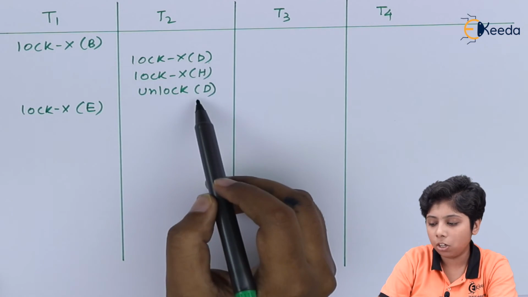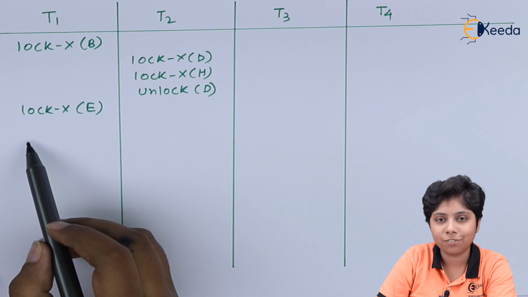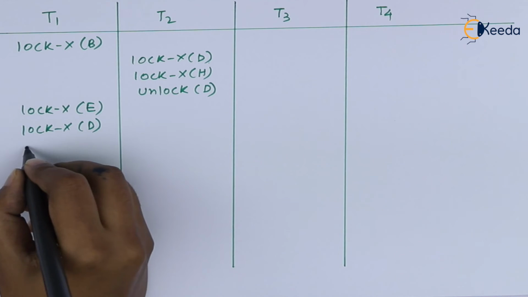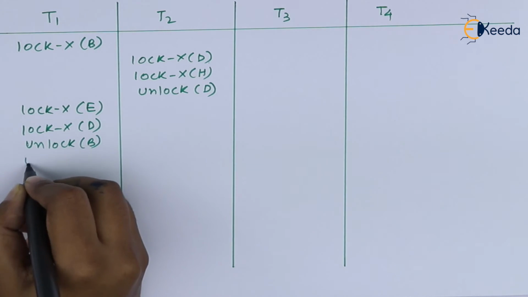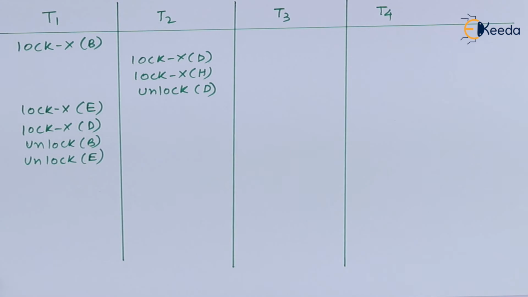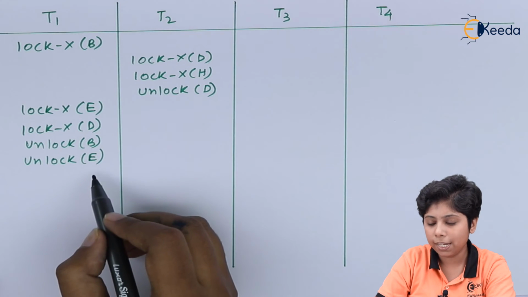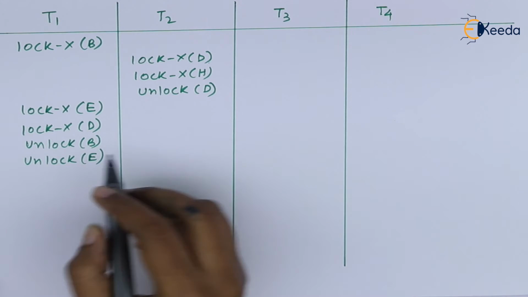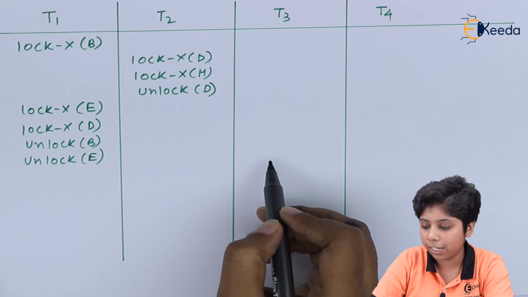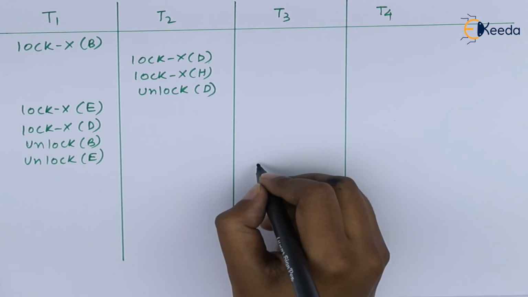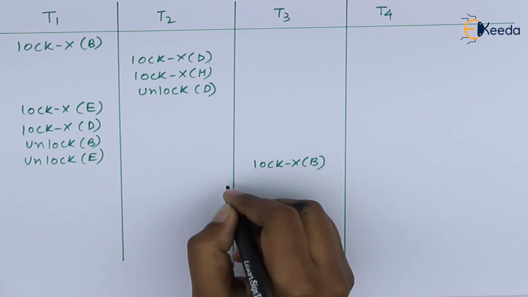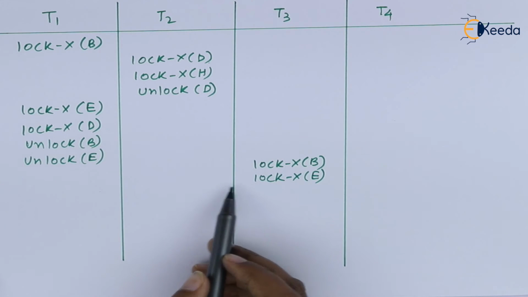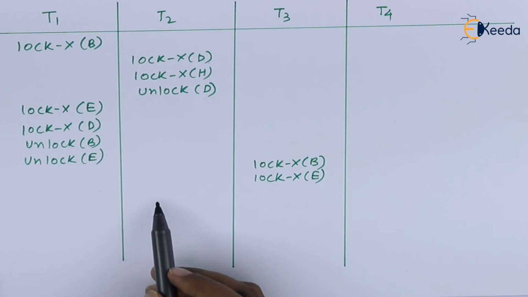Now that we have unlocked D, we can acquire it in transaction T1. Now we have unlocked B and unlocked E. Since we have unlocked B, it can be acquired by T3. Now we are unlocking H on T2.